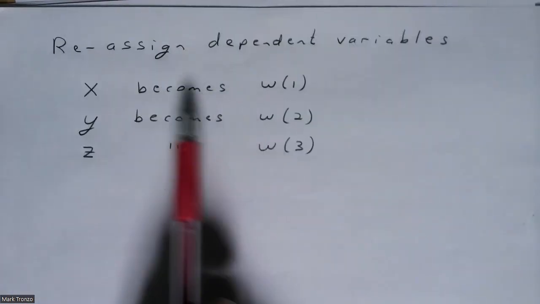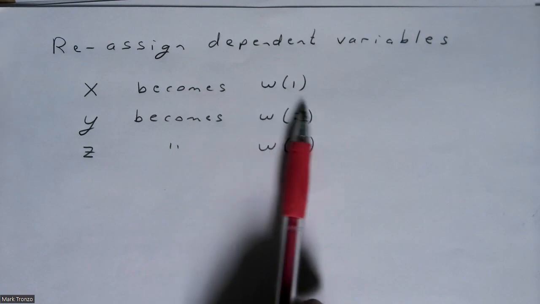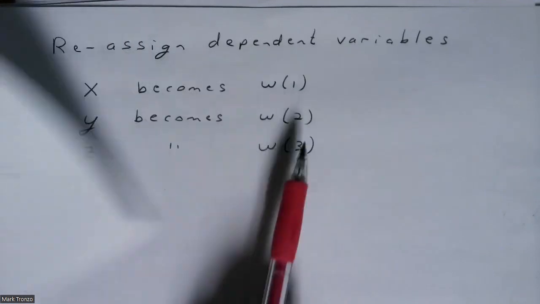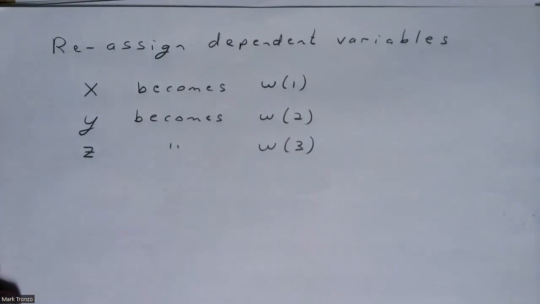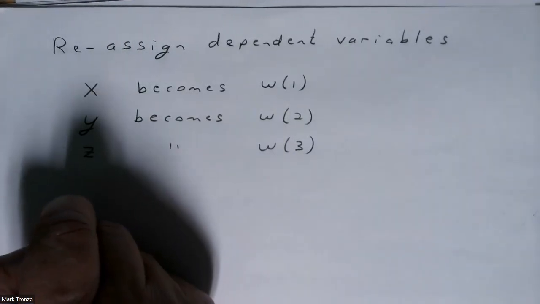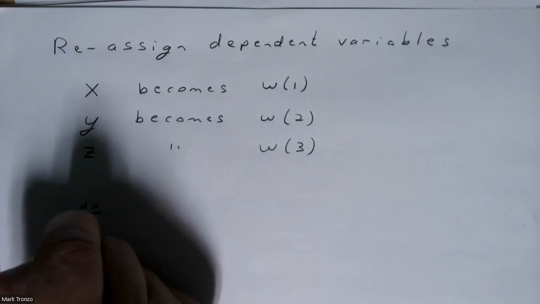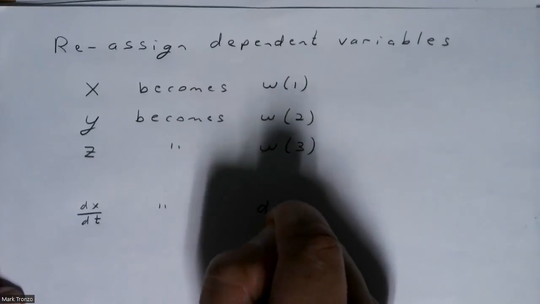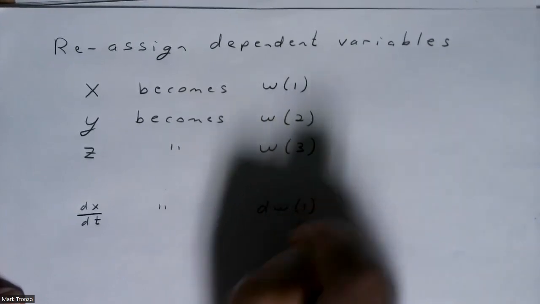So here we had x became w1. So dx dt will become dw1. So let's do that. So dx dt, again, this is going to become dw1 like this.